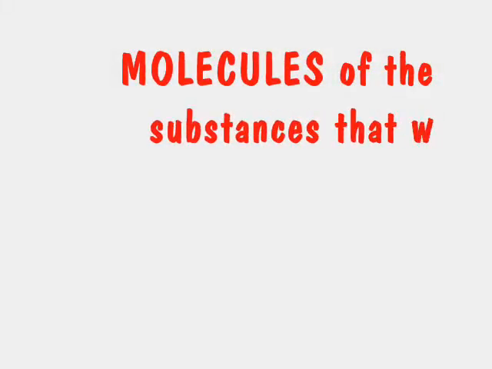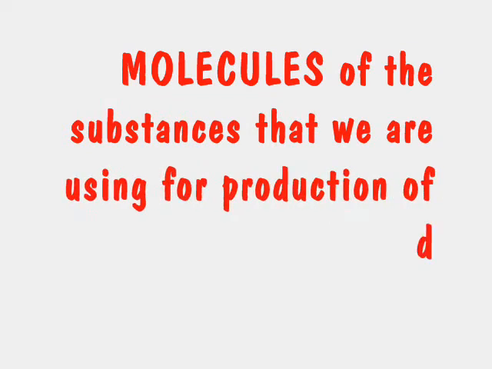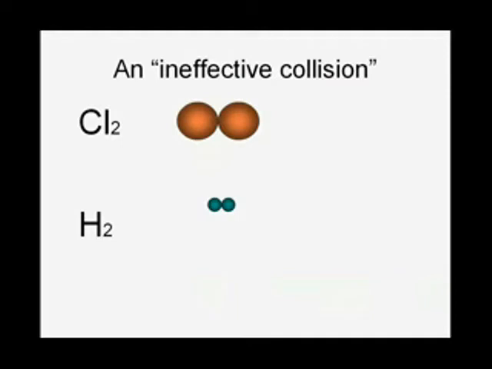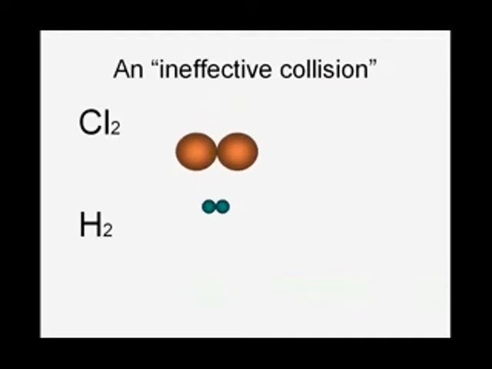Molecules of the substances that we are using for the production of drugs consider collision. So, we have this ineffective collision, wherein molecules do not bind with each other, thus do not produce a new compound.